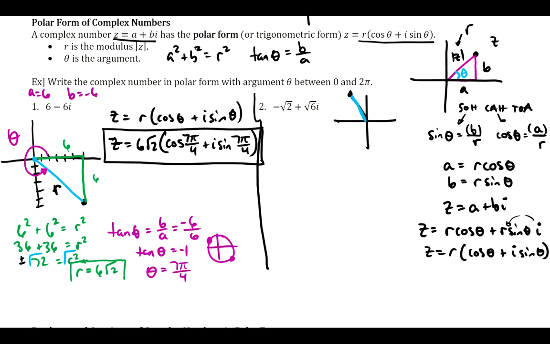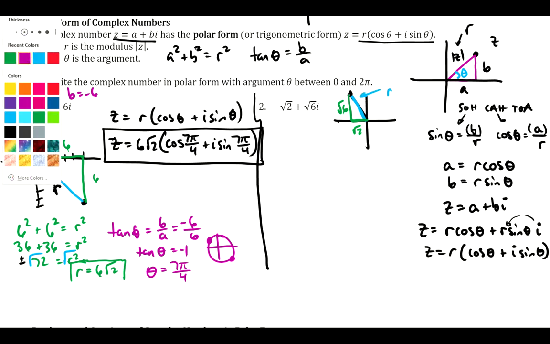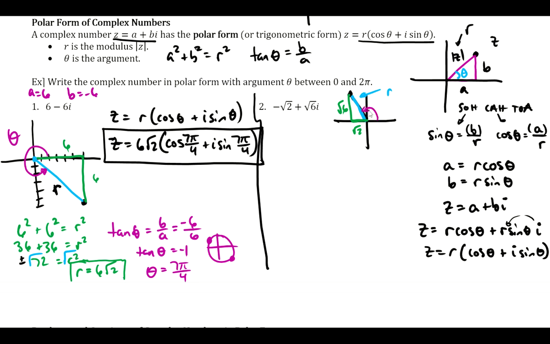Okay, and just like before, we can still label our triangle. So there's the radical 2 and there's the radical 6. Again, geometrically, I usually keep them positive. Okay, and then in the blue is the r. And then in the purple would be the theta. Okay, so there's everything marked up.